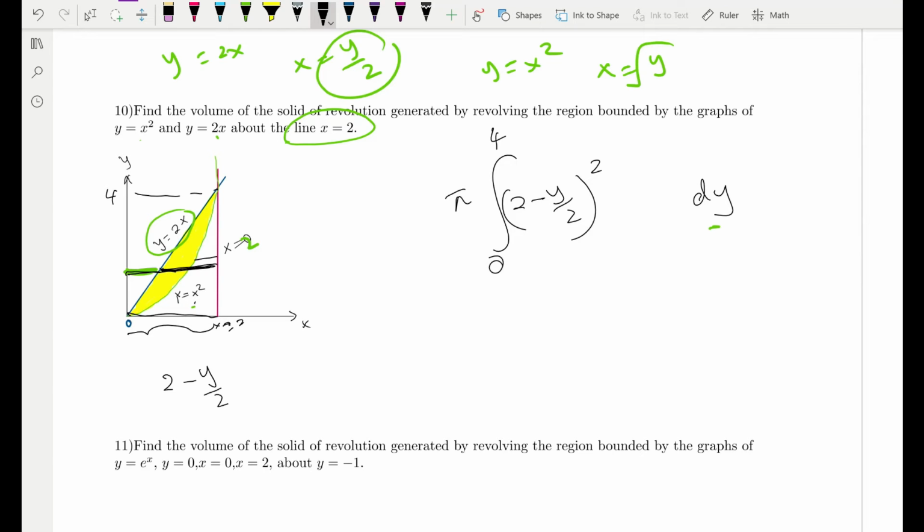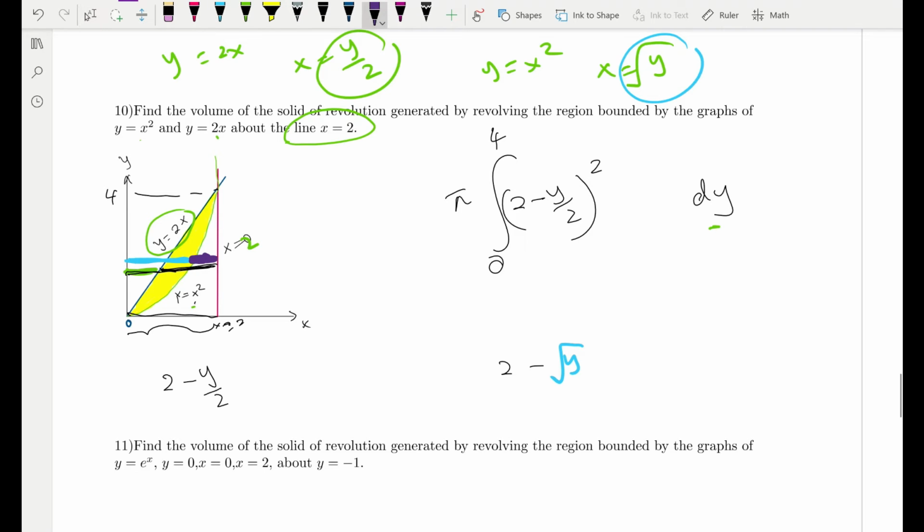And then the smaller radius. Again, the total length is 2, minus the length from the y-axis to here, which we know is square root y. This x value is square root y. So you subtract square root y to find this remaining radius.